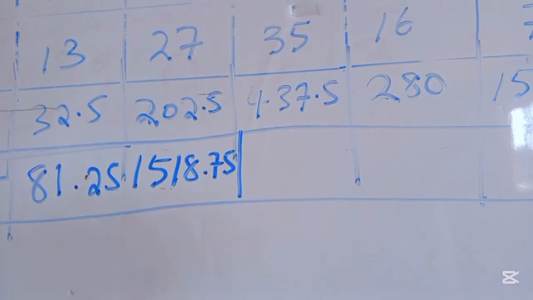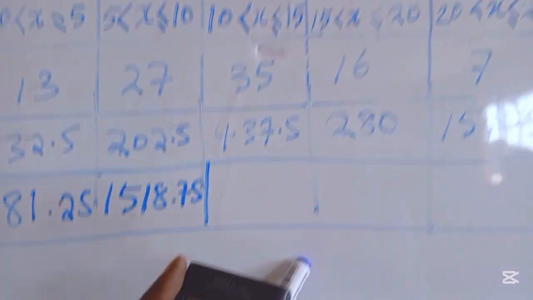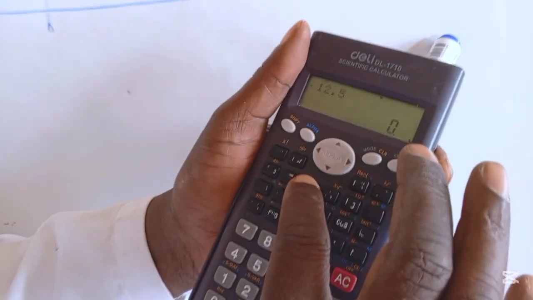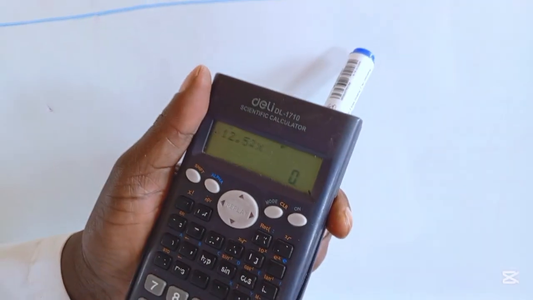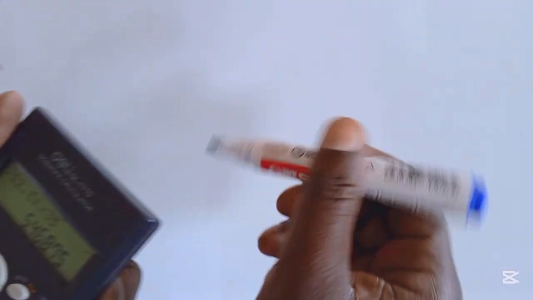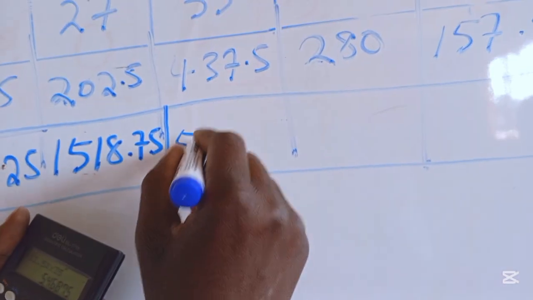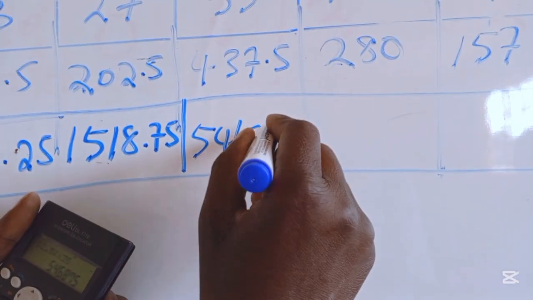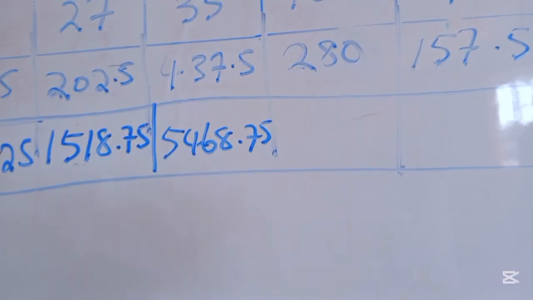You go to the next one. You are going to say, okay, 12.5 squared, then I should multiply by 35. You agree with me that you are going to have that figure. Don't be scared of the figure. 5,468.75.